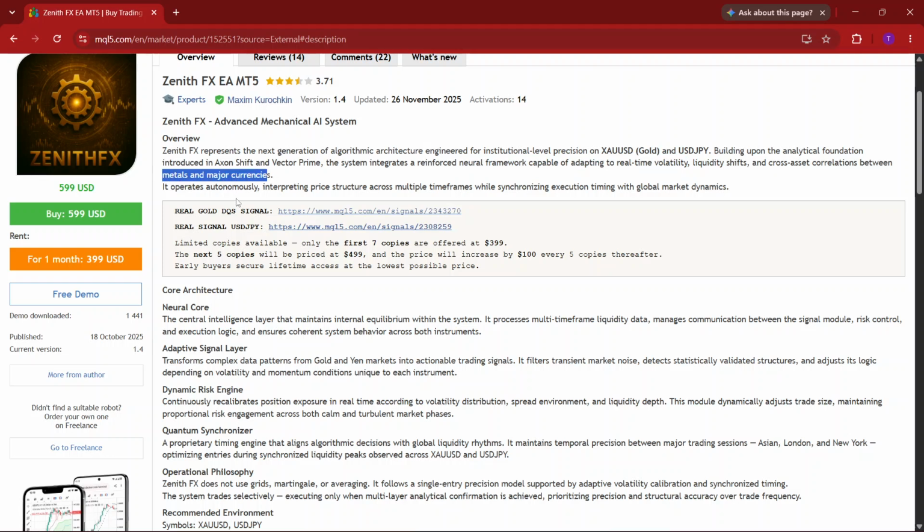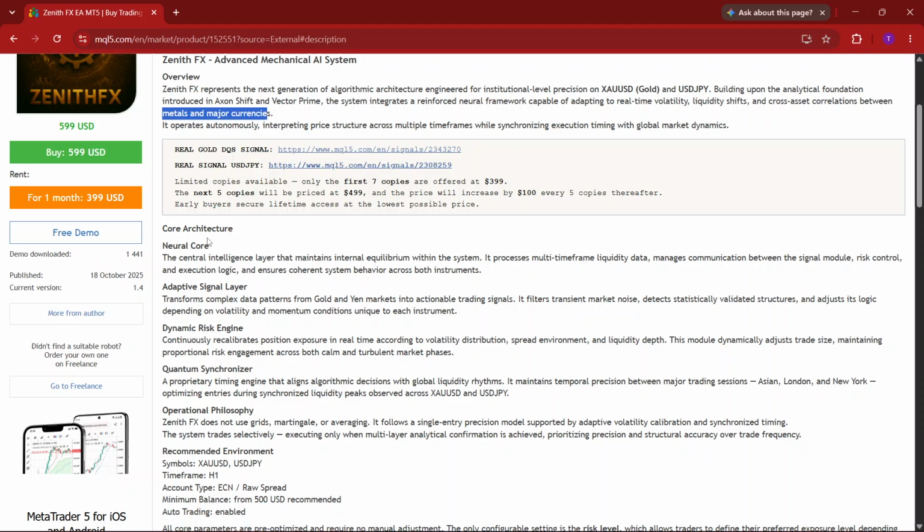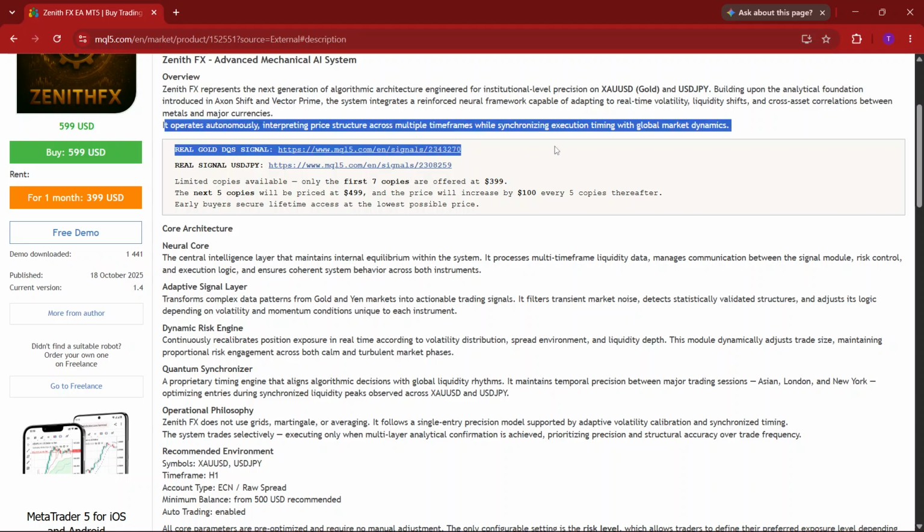According to them, it operates autonomously, interpreting price structure across multiple time frames while synchronizing execution timing with global market dynamics.